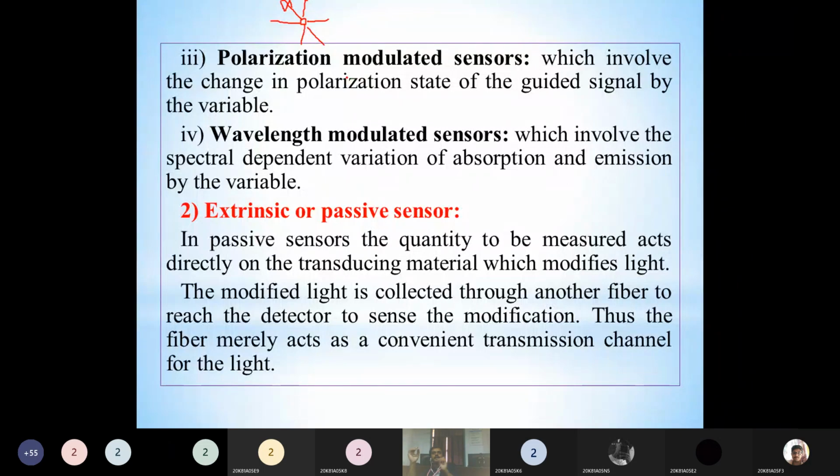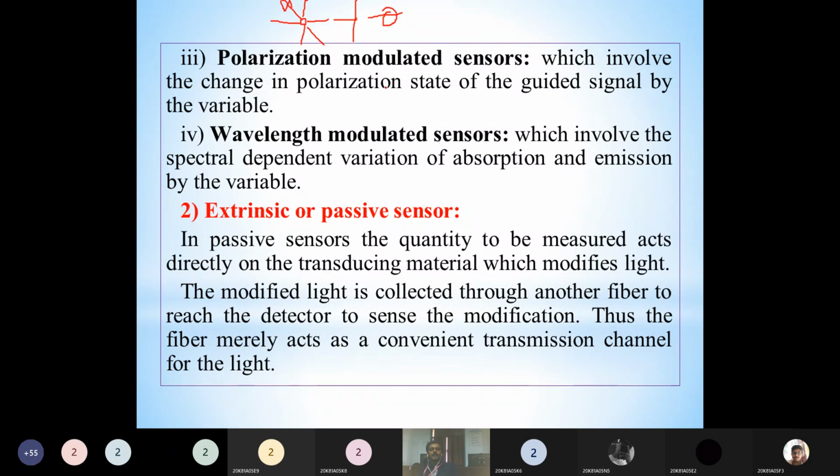The remaining directions are absorbed by that material. So after passing light into this material, only particular vibrations are emitted. The remaining vibrations are all absorbed.